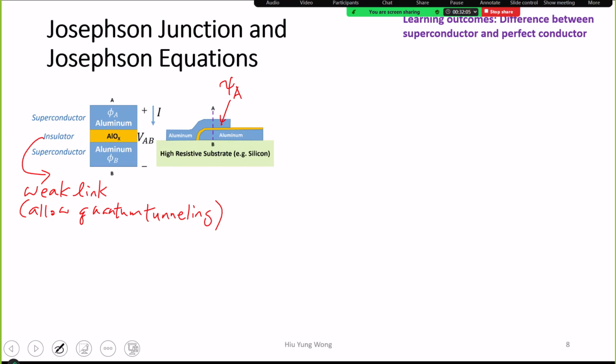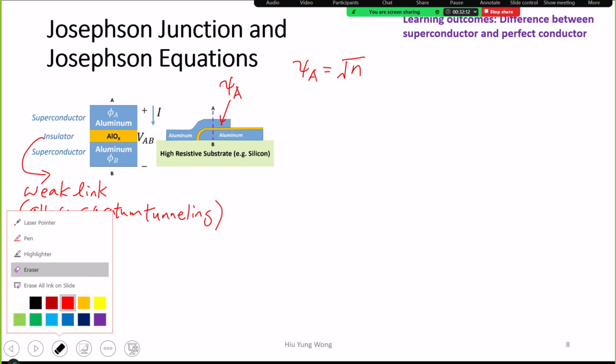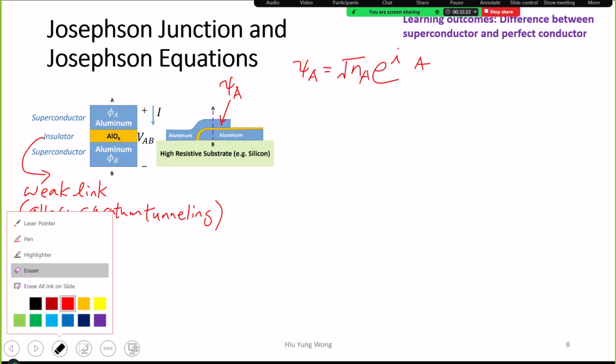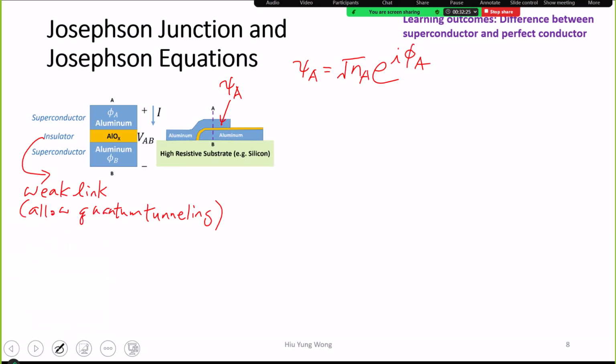And we just say that psi A equals the square root of n_A, which is not important in this equation, times e to the power i phi A. It has a phase, phi A. And similarly, I would have psi B, because this is just another piece of superconductor. I have psi B equals the square root of n_B, e to the power i phi B.